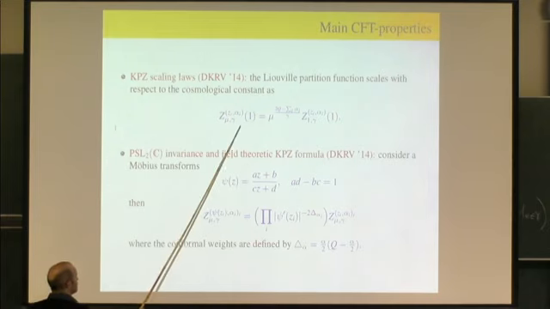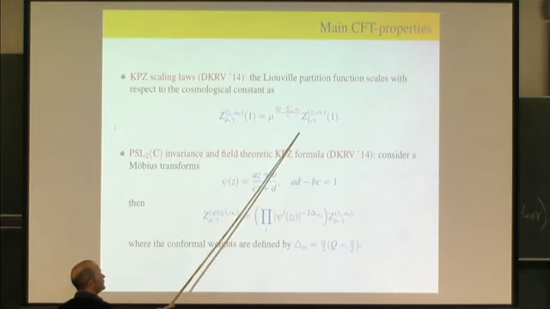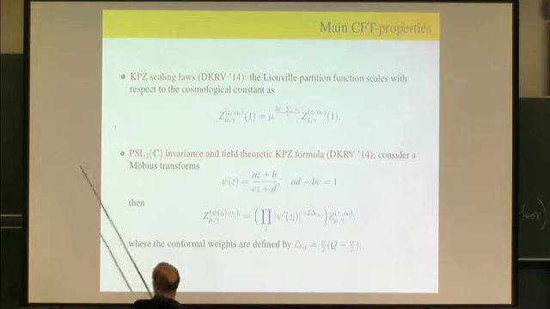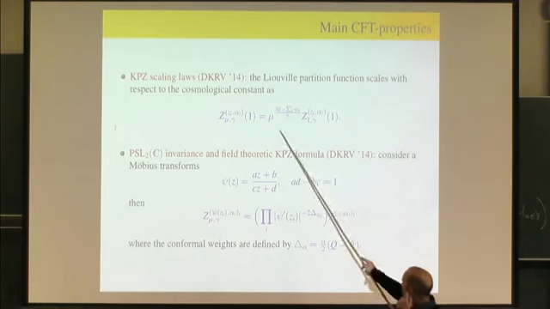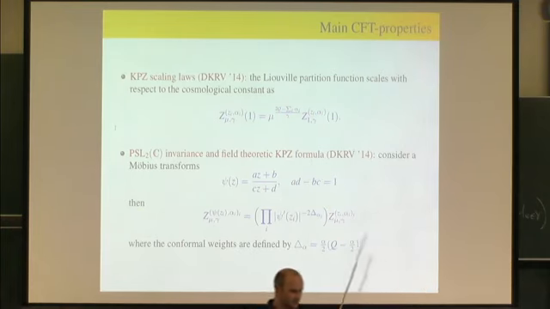If you just want to see the dependence on the cosmological constant, recall that in your Liouville functional, you've got 1 over 4 pi, the gradient square, plus the other terms. You want to study the dependence of your partition function on the cosmological constant. You have a nice scaling relation, which is called the KPZ scaling law.